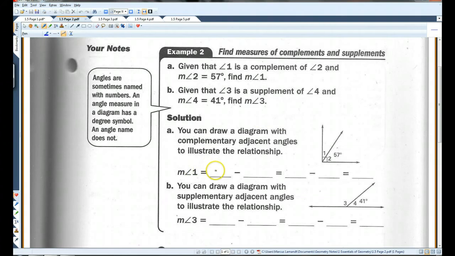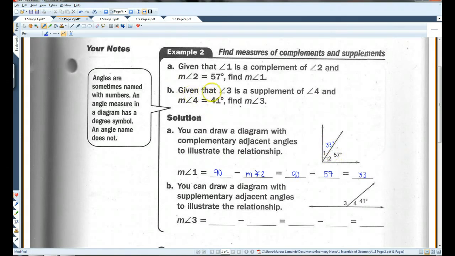So the measure of angle 1 is going to be 90 degrees minus the measure of angle 2. And we know the measure of angle 2 is 57. 90 minus 57 is 33. So this one has to be 33 degrees.